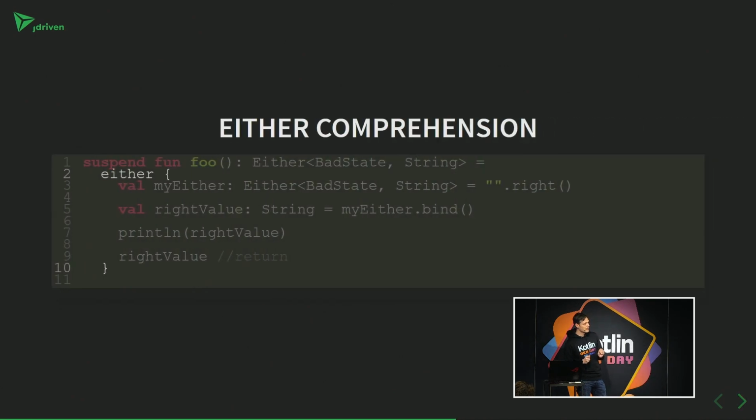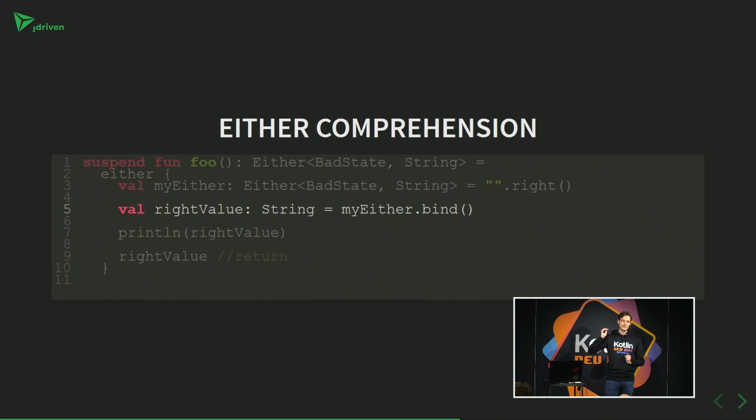So what does it look like? We can just add this block with an either. If we now, within this block, have an Either, in this case, I'll just create one, we can now call .bind on it, which means if it was an instance of Right, get the value out of it, and in this case, put it in a variable rightValue.